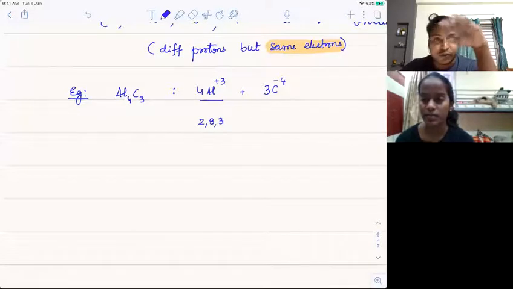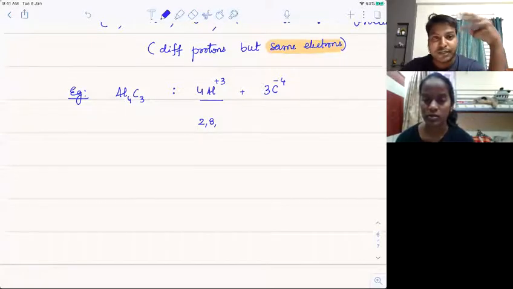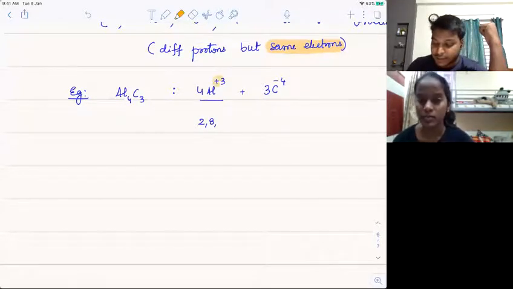If I remove those 3 electrons, it will get an octet configuration, 2, 8. If we remove these 3 electrons, it gains a positive charge, so it will have +3 charge on it.